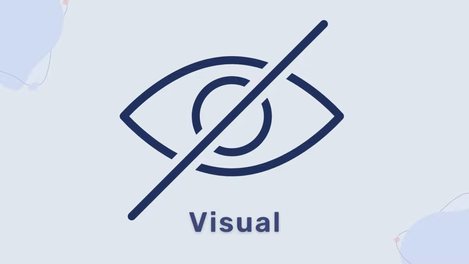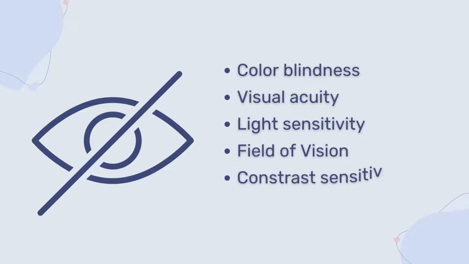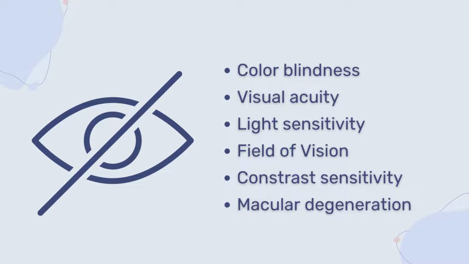Visual impairments and disabilities are defined as decreased ability to see to a degree that causes problems relating to the eyes. There are many vision impairments to consider. A few are color blindness, which affects 1 in 12 men. This means limitations in color perception and indistinguishability.